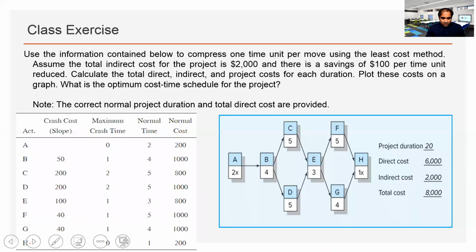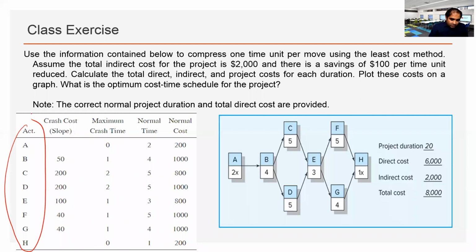Next one here, exactly similar way. Now we have activities given, and maximum crash time given and cost given. Okay. Which one will be the first pick?